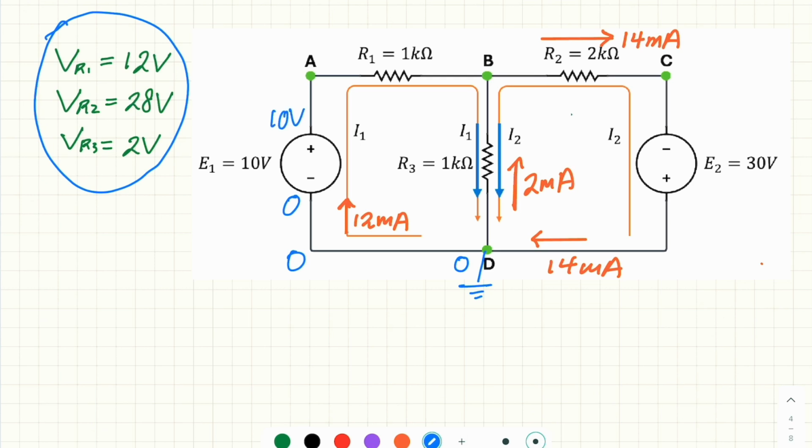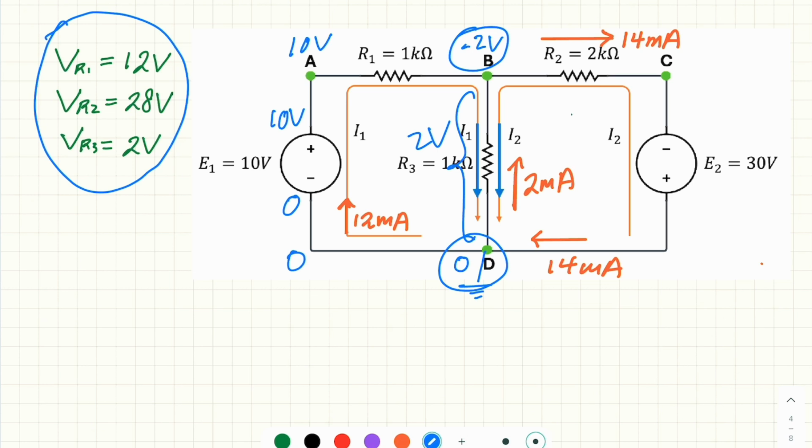Again, if A is 10 volt, but the potential difference across R1 is 12, so at B is 10 minus 12. This is minus 2 volt. So the potential difference between D and B is 2 volt.